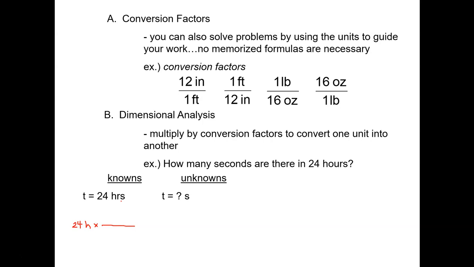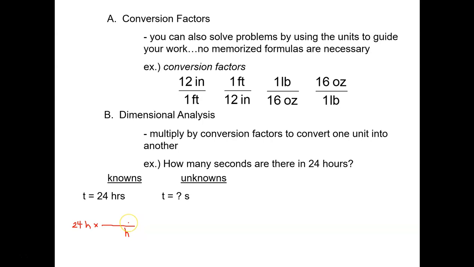So we can use these conversion factors to help us. So let me show you how this is going to work. We started with 24 hours. So obviously the unit hours is what we need to get rid of. So on the bottom of my first conversion factor, I'm going to put the same unit that I started with because I want it to cancel. So I'm going to put an H down here because I want hours to go away.